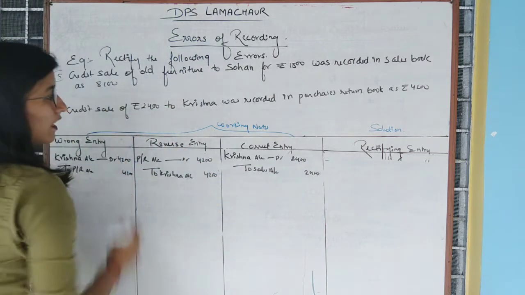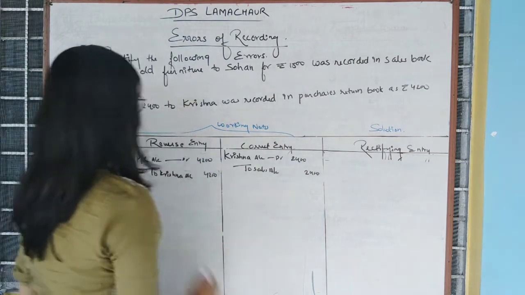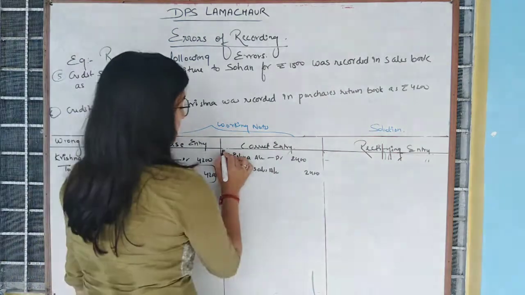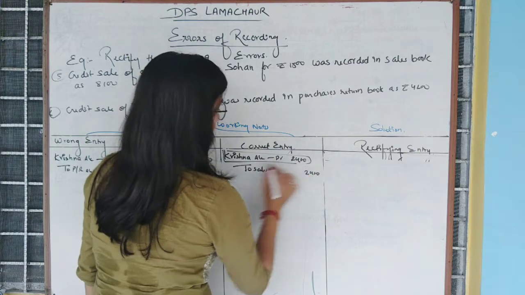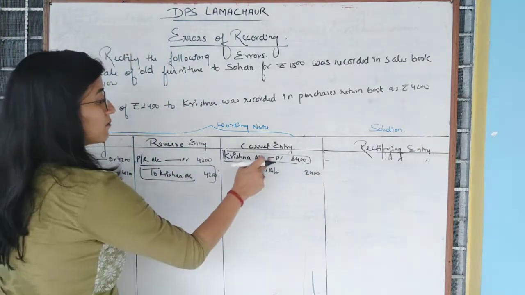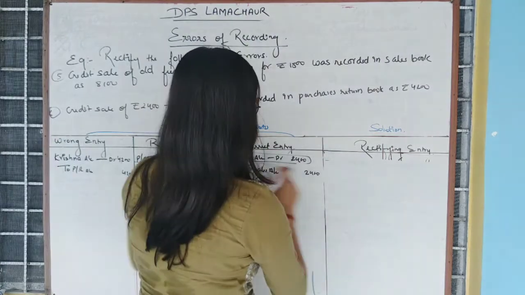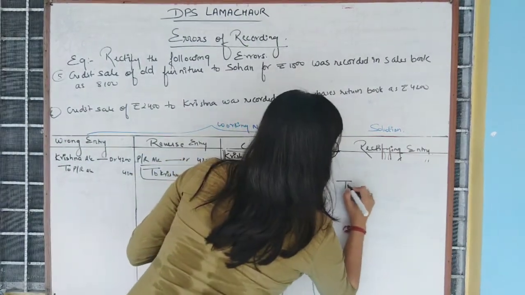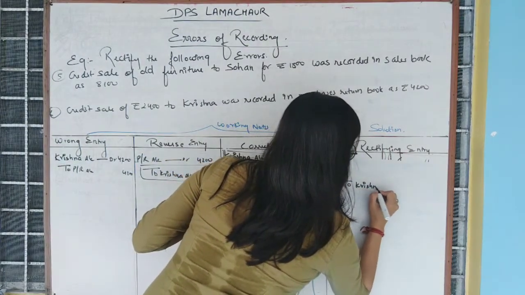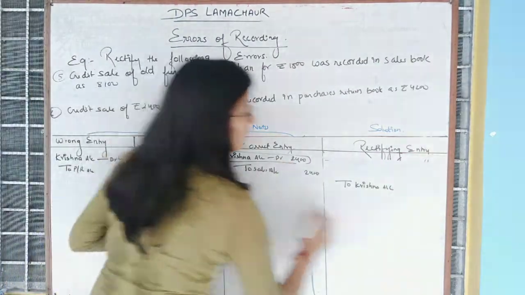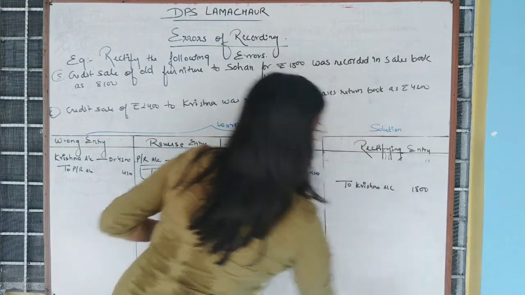4200. Now rectifying entry will be: Krishna account is credited with the amount 4200, and in correct entry Krishna account is debited with 2400. That means if in correct entry Krishna account is debited, in rectifying entry we will credit Krishna account. Net effect will be 4200 minus 2400, which is 1800.